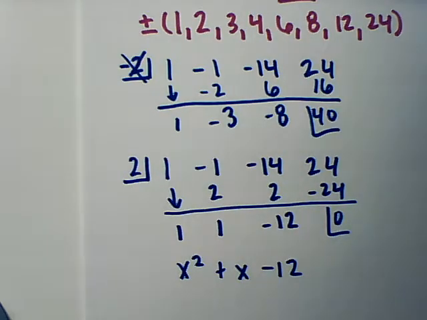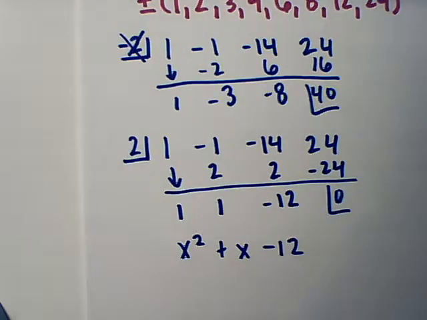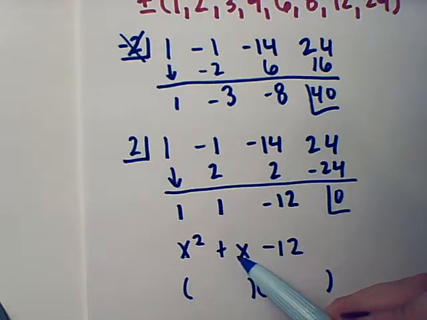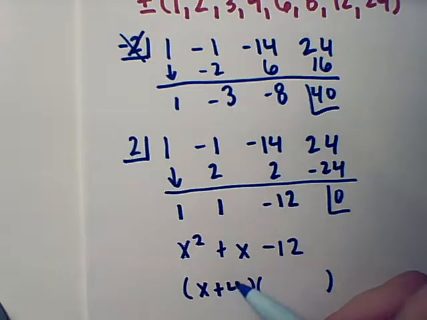And again, the whole problem is trying to solve, so we need something that is x equals as an answer. But we want to factor this first. Two things that multiply to be a -12 and add to be a +1 are going to be a +4 and then a -3.